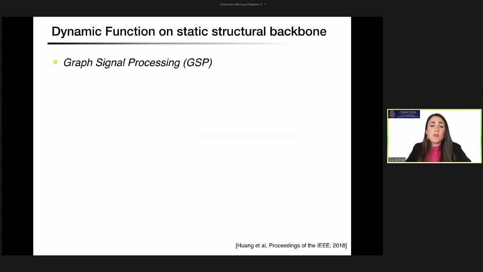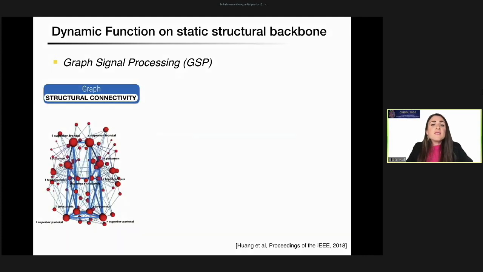Graph signal processing is an emerging field that has only recently been applied to the brain for the integration of structural and functional information. In this case, we have a graph, which in this context is given by structural connectivity, reflecting the physical links, the connections of white matter connecting different regions.